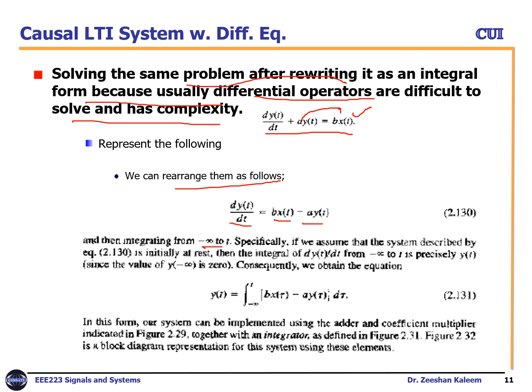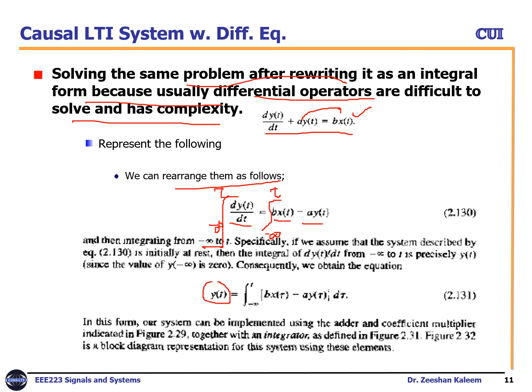We take the integral on both sides, with limits minus infinity to t. On the left side, the differentiation and the integration cancel out and we get y(t) here.